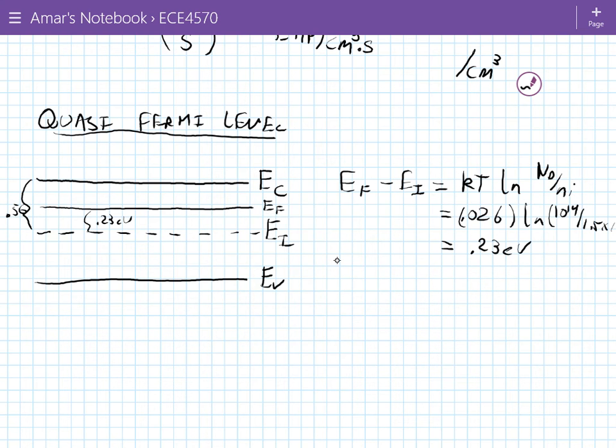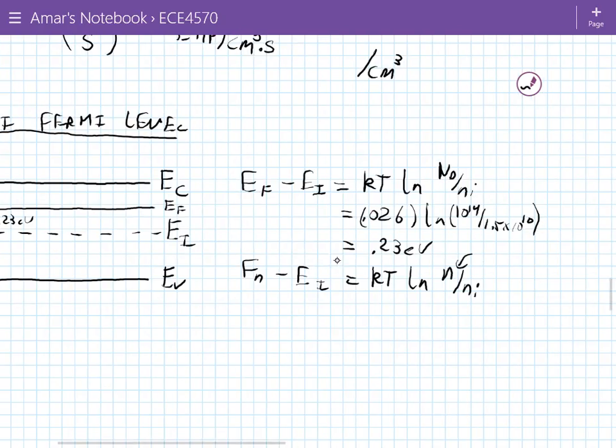Fn minus Ei equals kT ln of n over ni. All right, notice the difference. When we're finding the quasi-Fermi levels, instead of just putting the doping density, we put in the total electron concentration. So that's after irradiating the material with light.